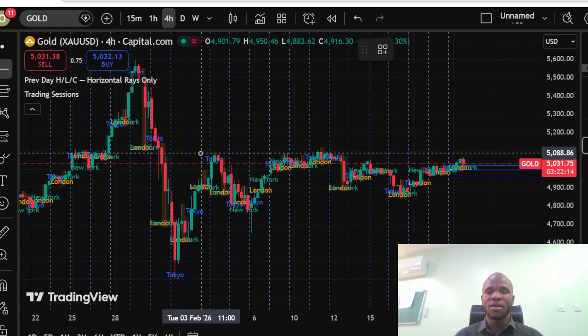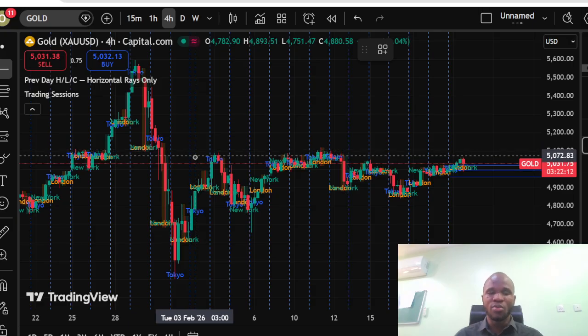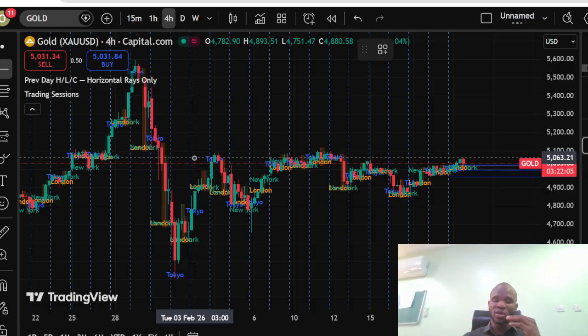All right, so look at it here. When you come on the daily time frame, you look at where price has tested or rejected multiple times. It's very important to know that a support level is usually below the current price level, and a resistance level is usually above the current price level.